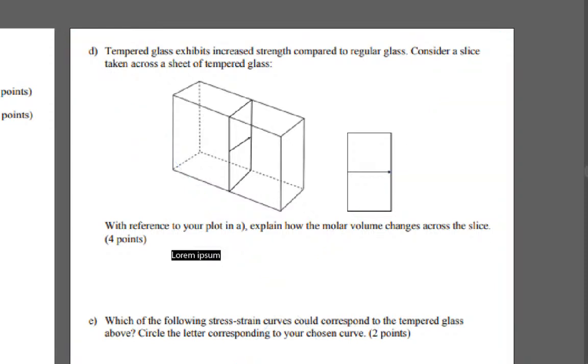According to my knowledge it would be very dense, and then after that it would be hollower, and then dense. So that's basically how I would explain how the molar volume changes across the slice.